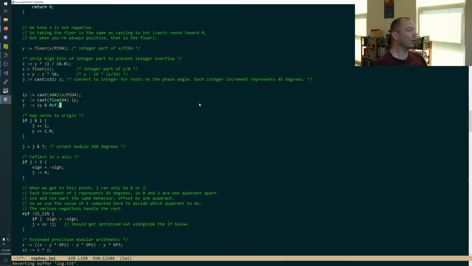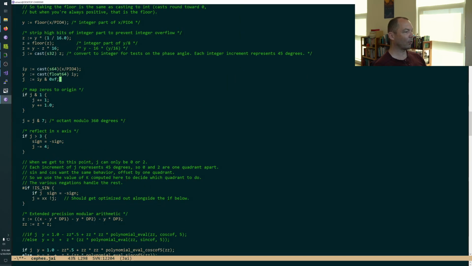And this is just the first attempt. So there's still weird stuff that happens, right? We use this big value of y down here, and we subtract it from x. And this is like modular arithmetic, but we're already doing modular stuff.